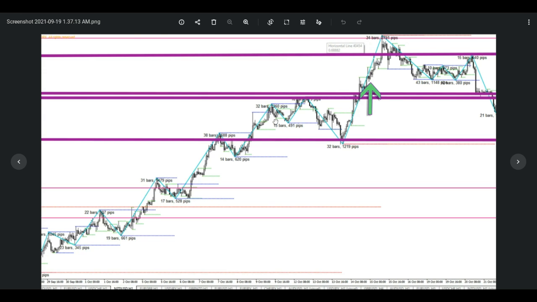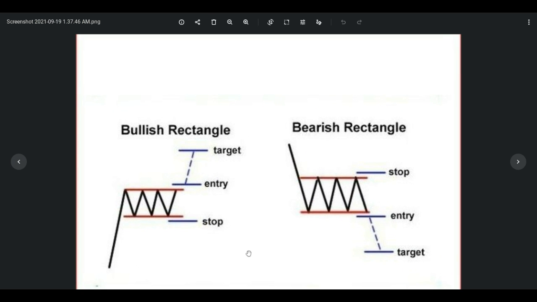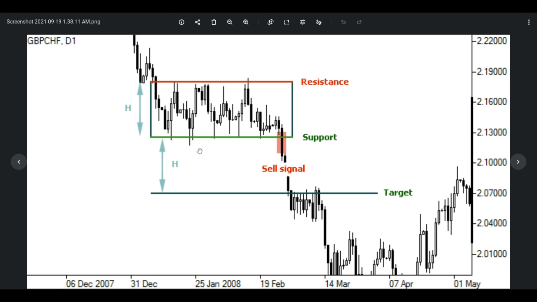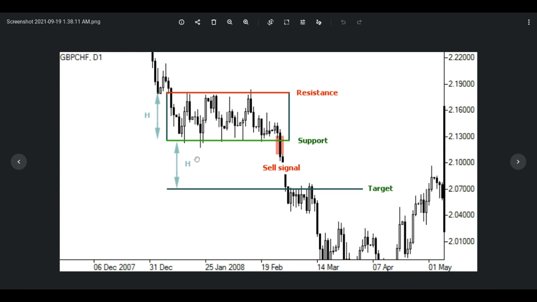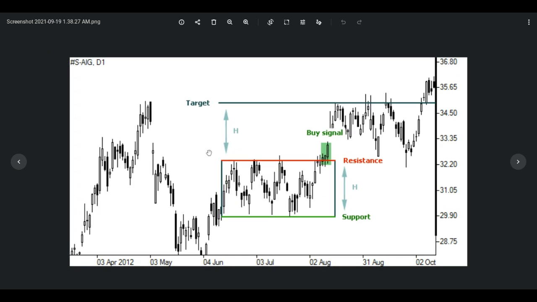And on here you can see where it's going back and forth right here, right here. And this is the same thing, showing you back and forth between price points.